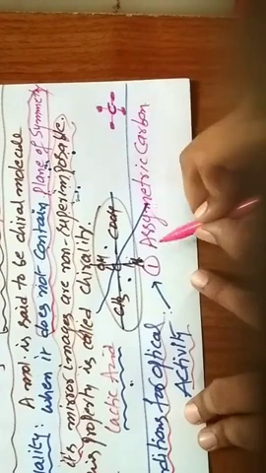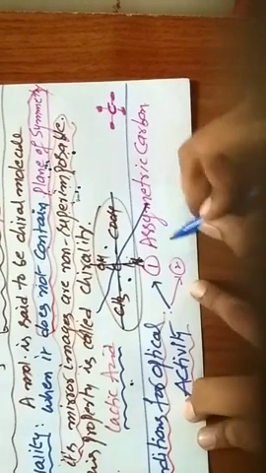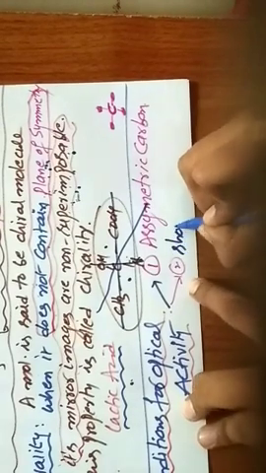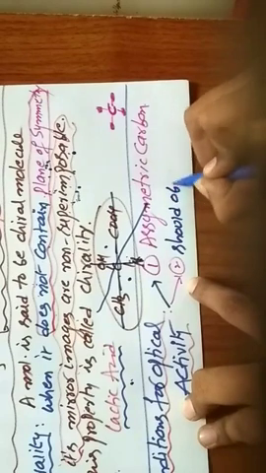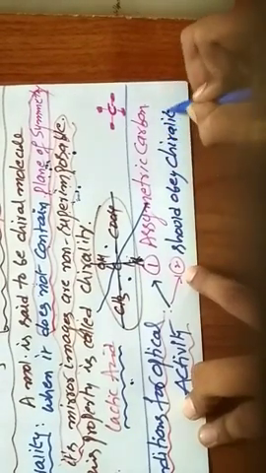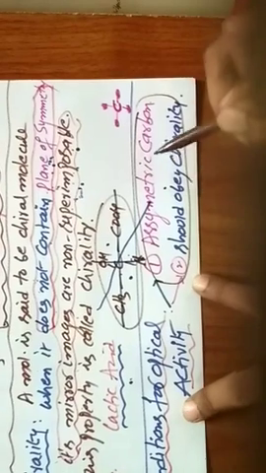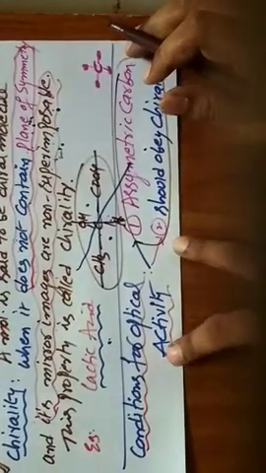So what is the second condition? The molecule should obey chirality. Which molecule obeys these two conditions? Conditions for optical activity: the first one is asymmetric carbon.